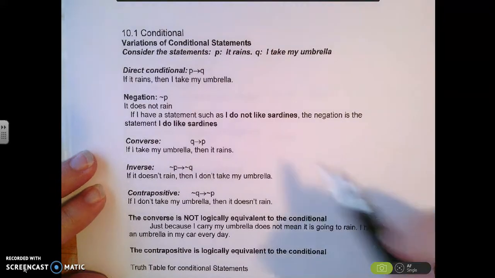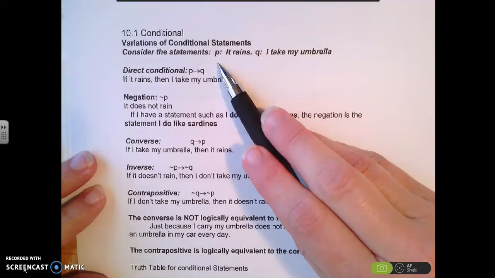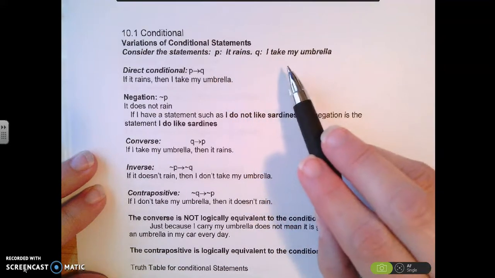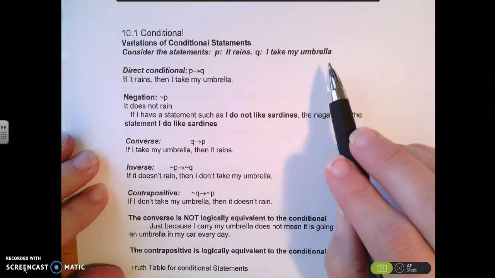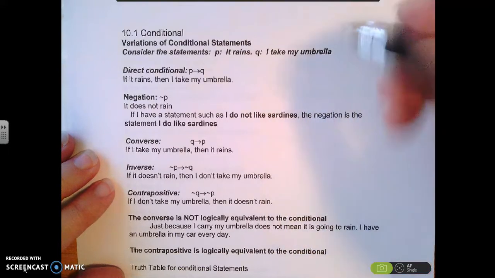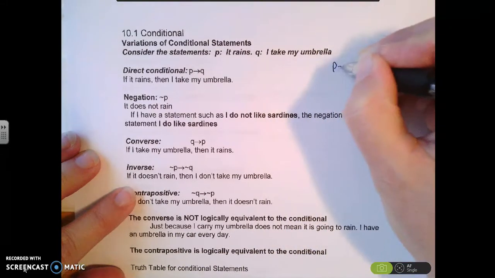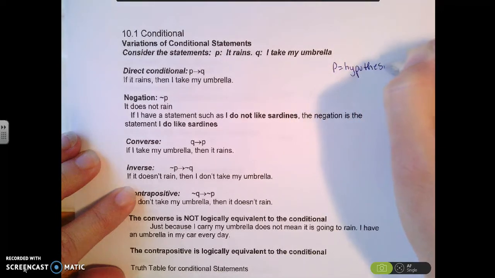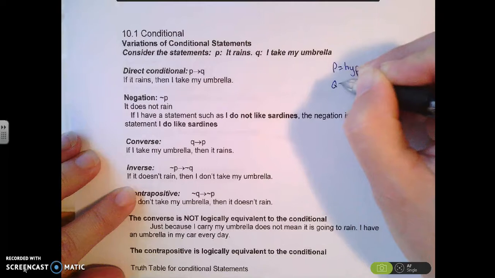So when you consider the statements, P is a symbolic representation of it rains, and Q is a symbolic representation of I take my umbrella. P is called the hypothesis, and Q is called the conclusion.